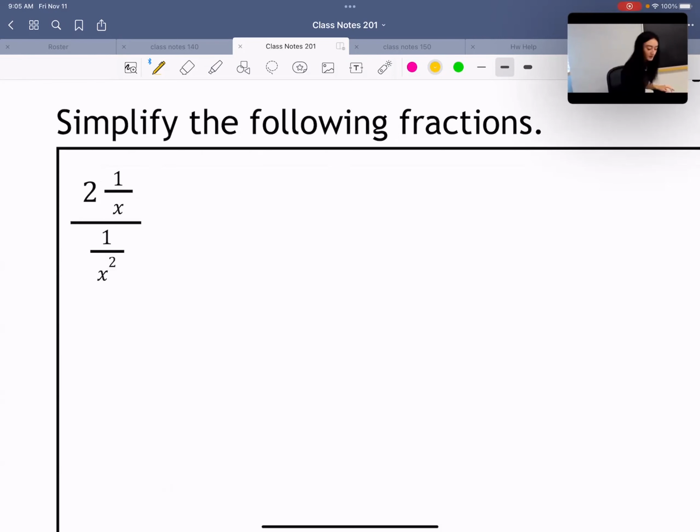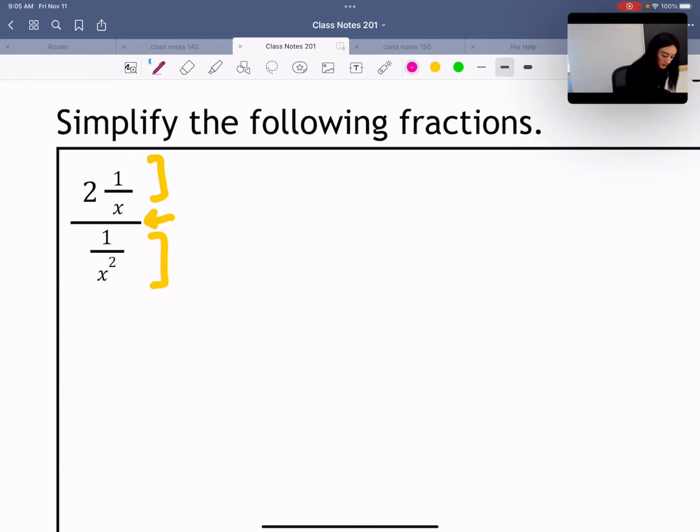This big line is the biggest fraction in the whole group. What I want to do is have a fraction on top and a fraction on the bottom. The way I'm going to do that is by multiplying the 2 by the 1 over x. So I have one fraction over another.